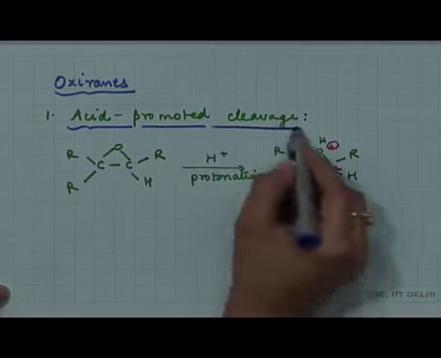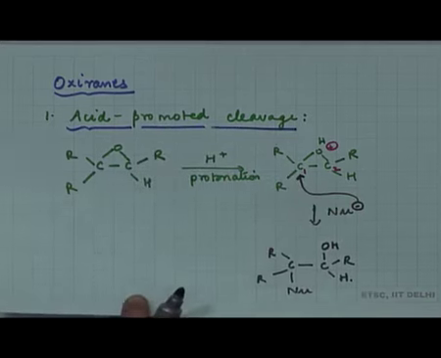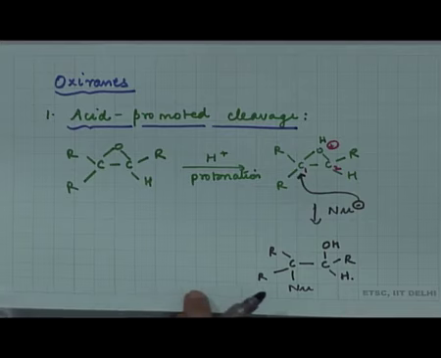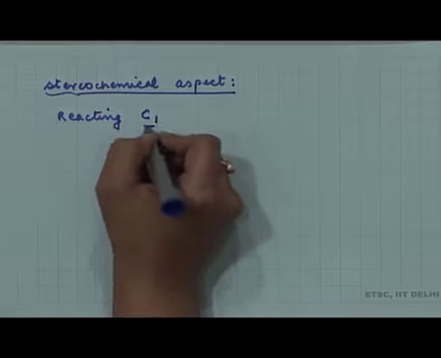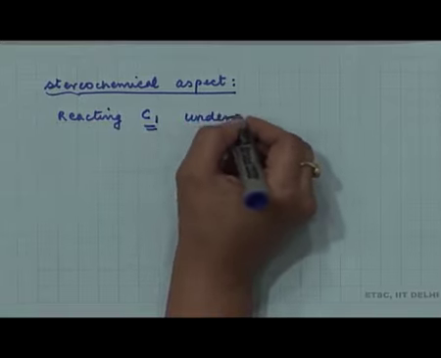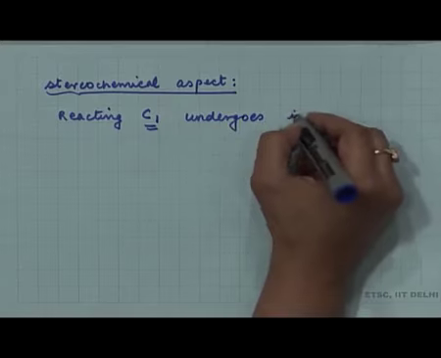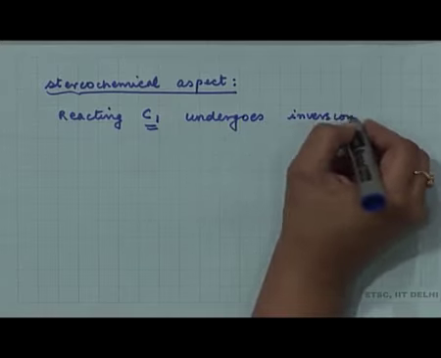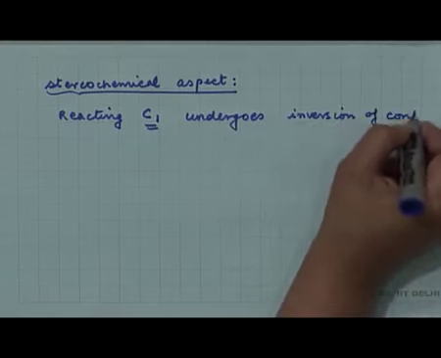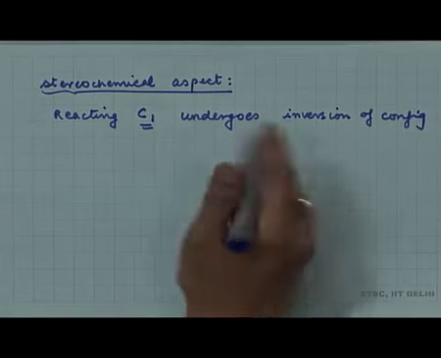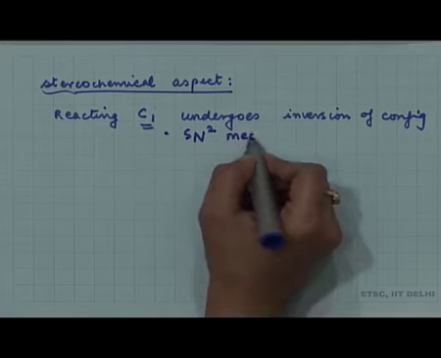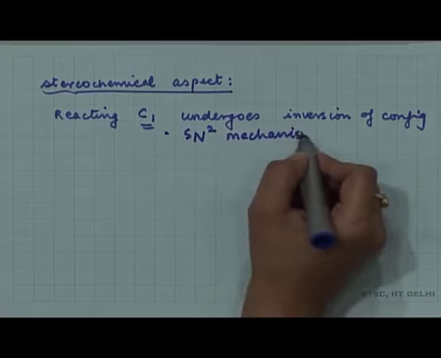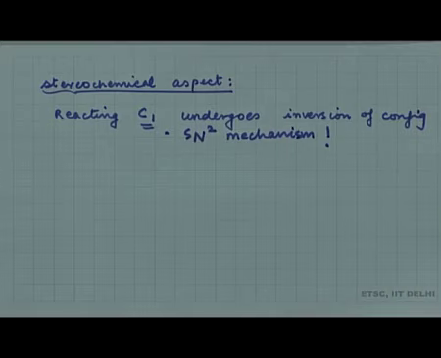Okay. So, this is one of the aspects of the acid promoted cleavage in case of oxiranes, that where is the nucleophile going to open up the ring. The reacting C1 which we just saw undergoes inversion of configuration, which indicates that the reaction might be through an SN2 mechanism, that it might be going through an SN2 pathway.